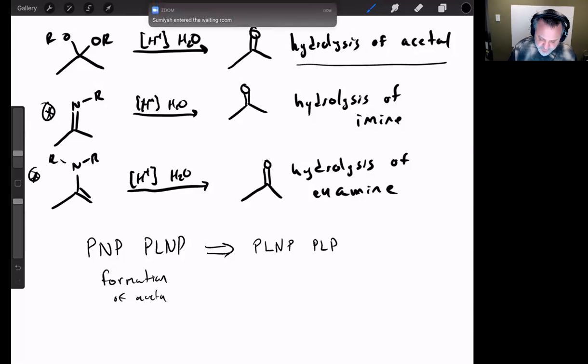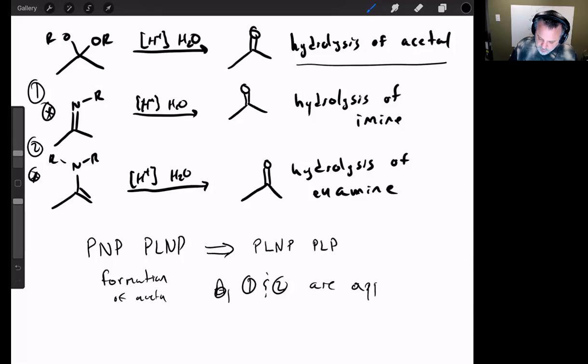All of the other things, 1 and 2, are approached the same way. You have to reverse the mechanism.